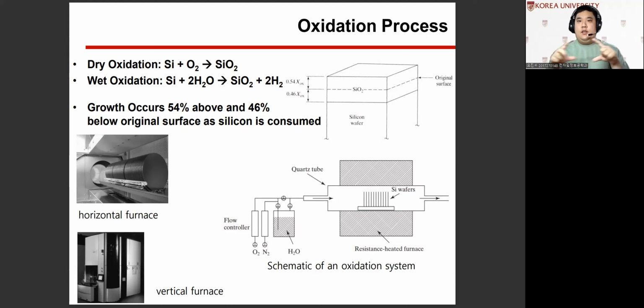When oxidizing the silicon, the growing-up portion is about 54%, and the consumed portion going down is around 46%.